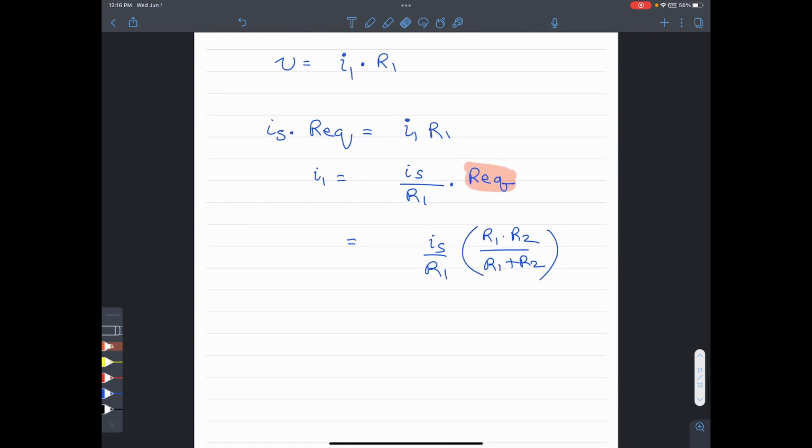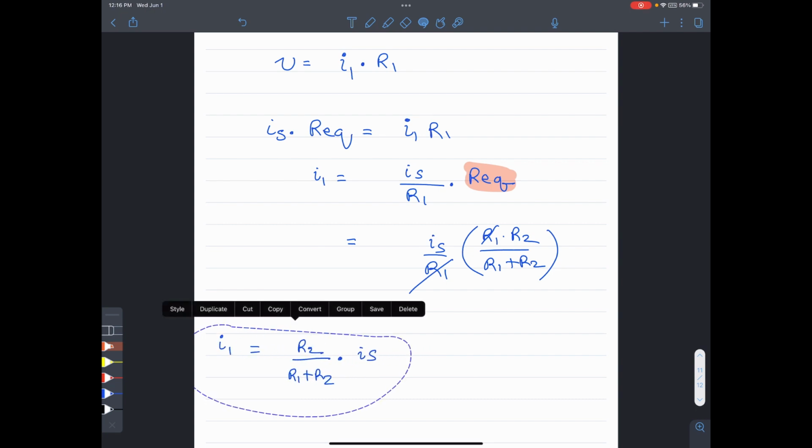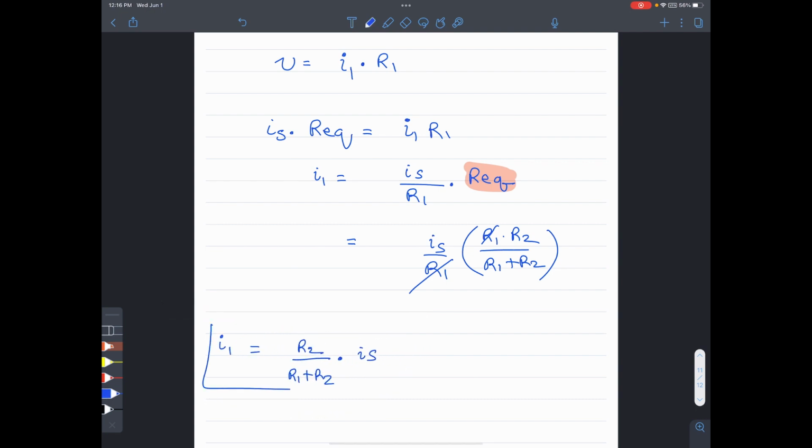So you can see, therefore, that I1 is, R1 cancels out, R2 by R1 plus R2 times Is. This is an important result when it comes to current division.